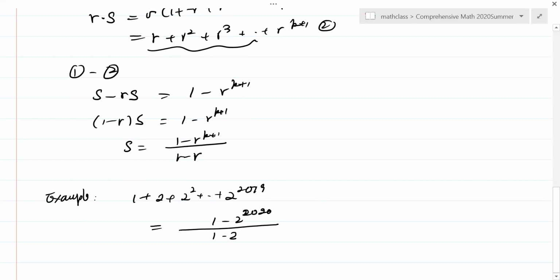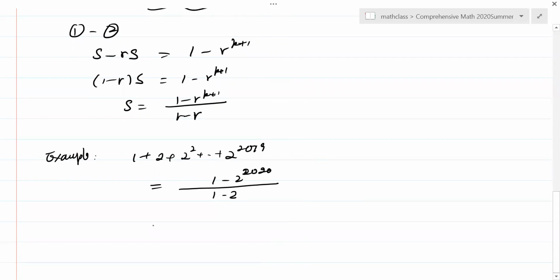But I can switch it out, since the denominator is negative 1, so it's going to be 2 to the 2020 minus 1. So 2020 terms added together just equal 2 to the 2020 minus 1. This is a little bit of a surprise, right?